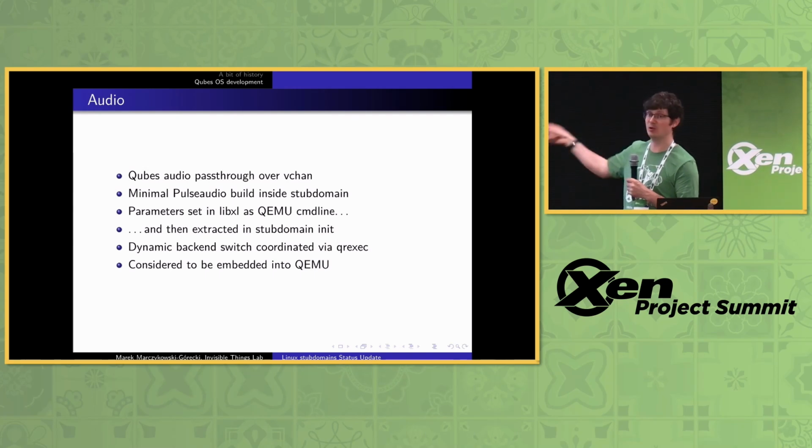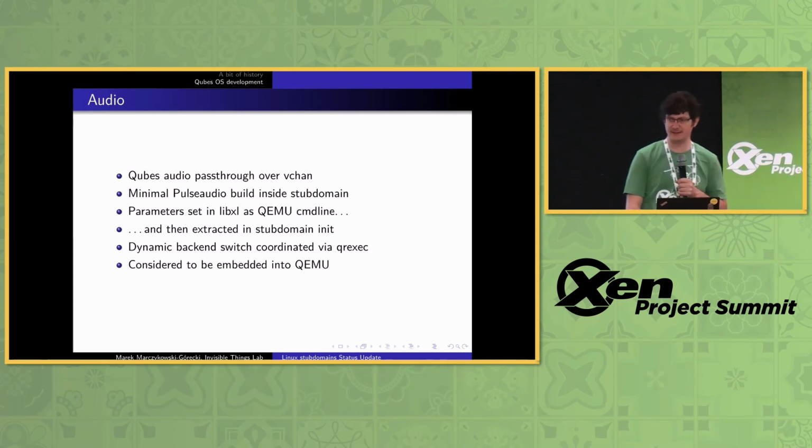So we use the QEMU command line for that, and there is an init script in the stubdomain that filters out which parameters are to be used for launching PulseAudio, and passes all the other parameters to QEMU. They are mixed, but there is a script that separates them.